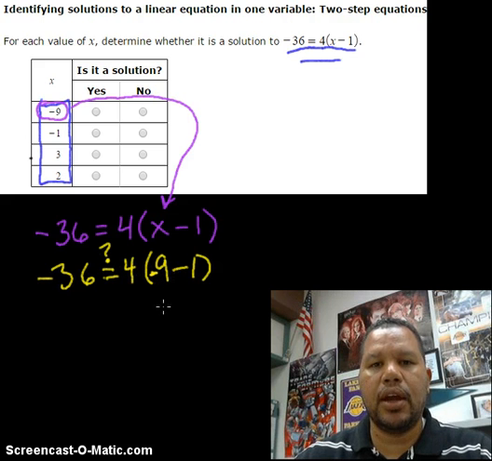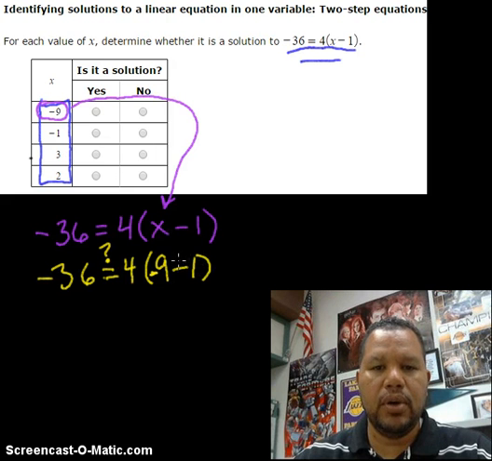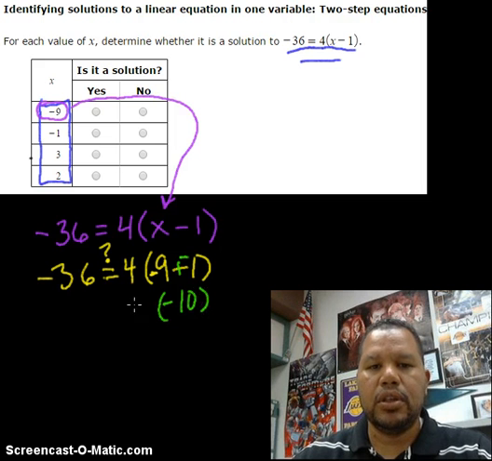So we work this like order of operations. Negative 9, subtract 1 is the same thing as adding the opposite. So to show that, I'm going to add a negative 1. So negative 9 plus negative 1 is negative 10. I work inside the parentheses first, and then bring down the 4 equals negative 36.